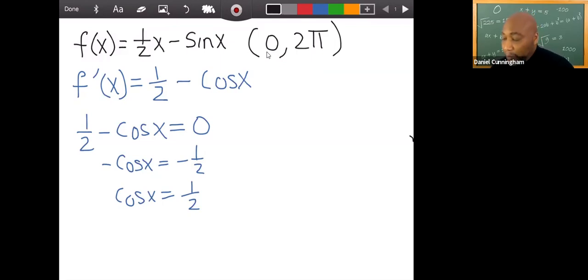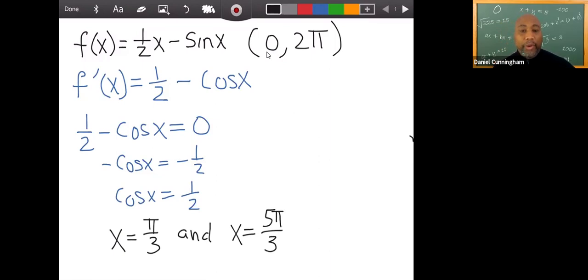The answer, in this case, I'm going to write in terms of pi: x is going to equal pi over 3, and x is going to equal 5 pi thirds. If you know how to use the unit circle, you understand that the answers will be pi over 3 and 5 pi thirds. And so those are our critical values.